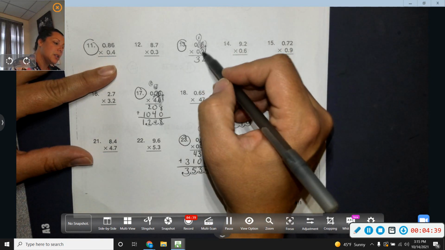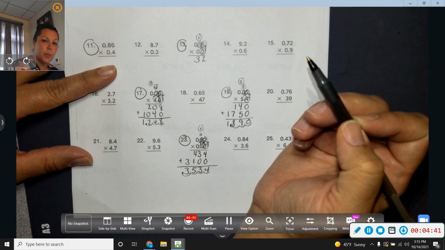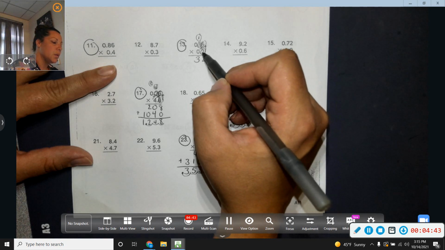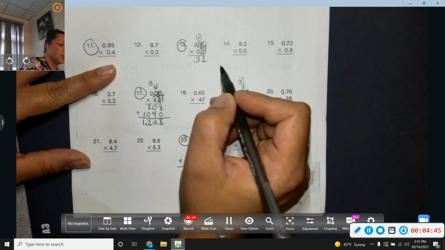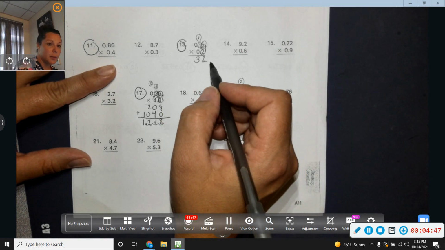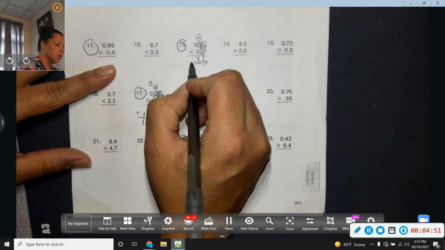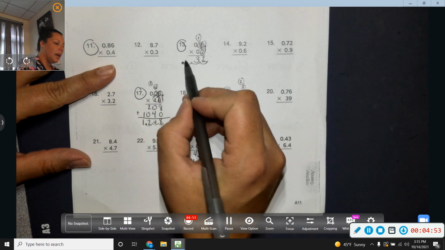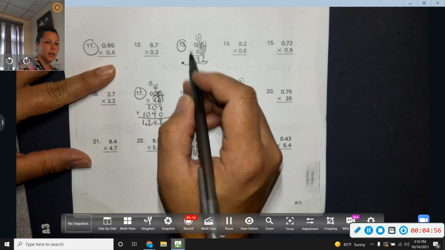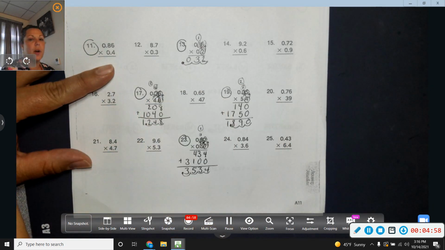How many digits are there behind the decimal in the problem? There's 1, 2, 3, so I have to have 3 digits behind the decimal in my answer. So I start here, 1, 2, 3. I have a blank shift here, so I have to place a 0.